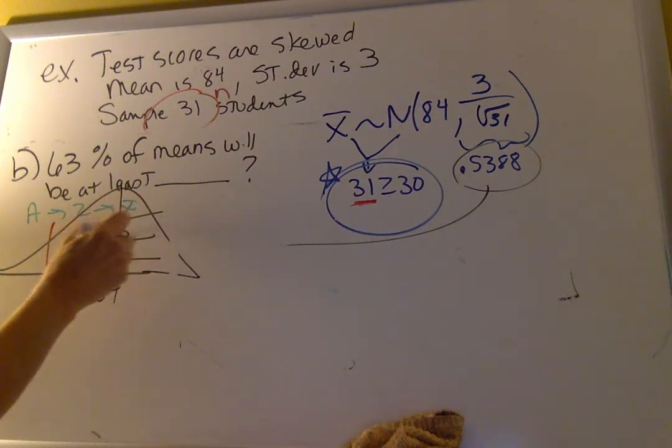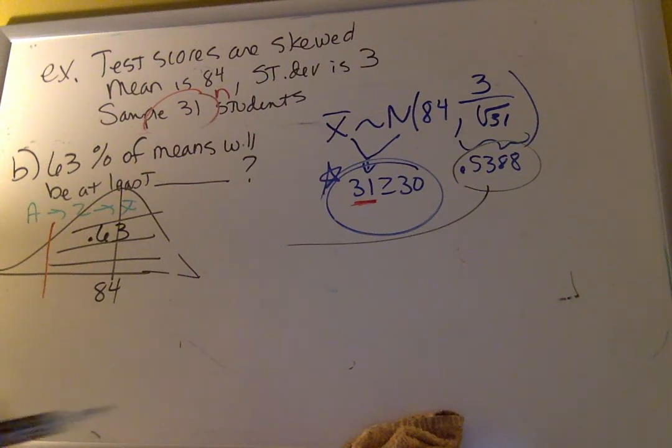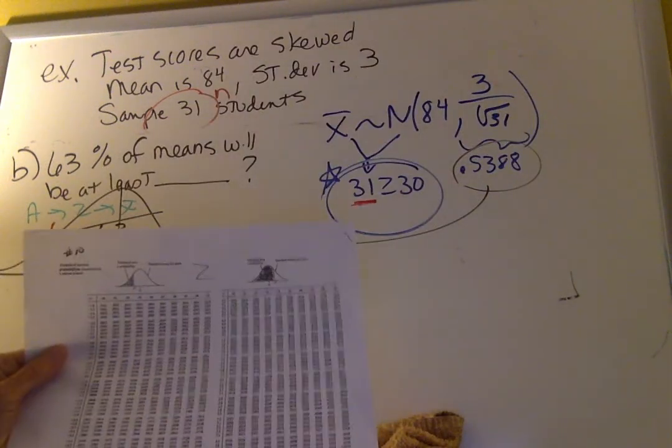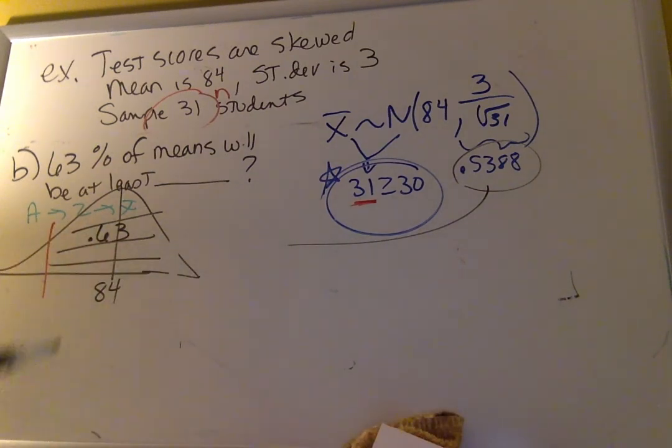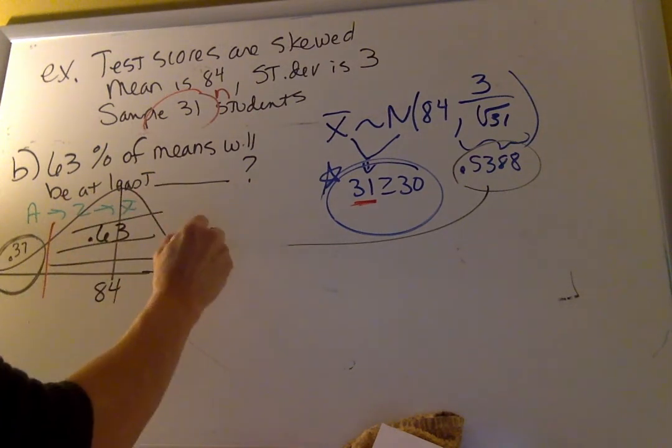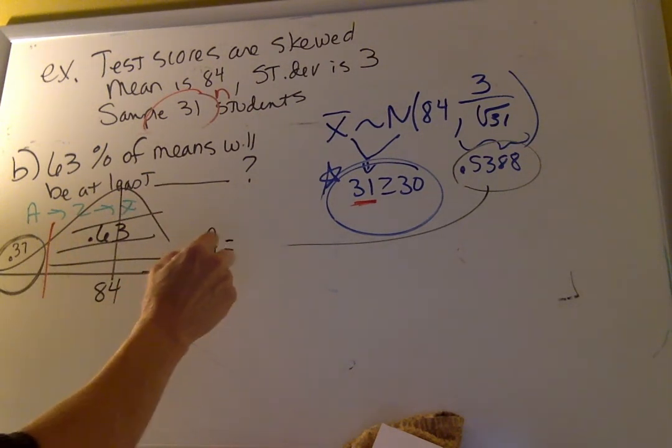This is the 63%. That's not the way my Z-chart wants me to talk to it. Remember, my Z-chart always wants to know who lives on the left of the fence. So this is the area we have to be dealing with, which I guess is 0.37. So your area is not 0.63.